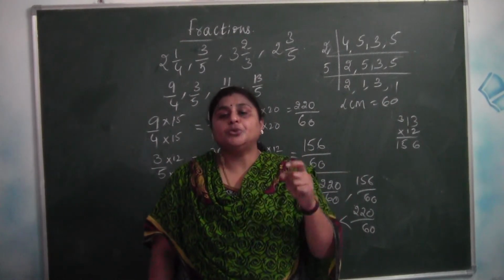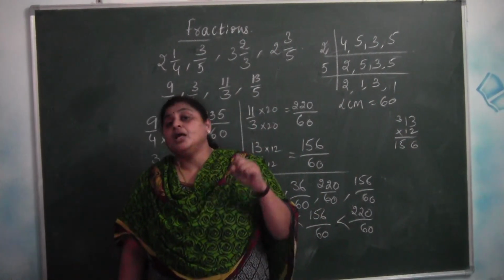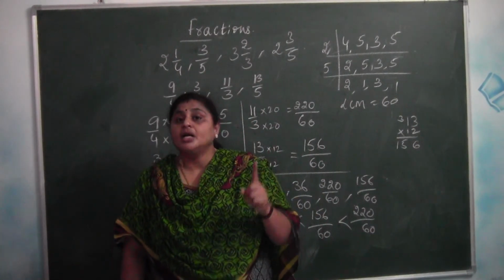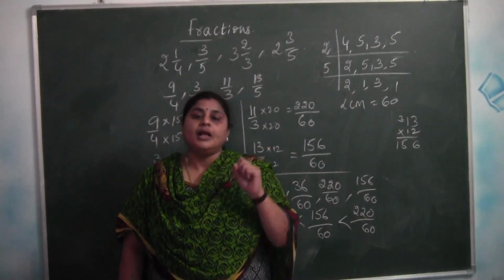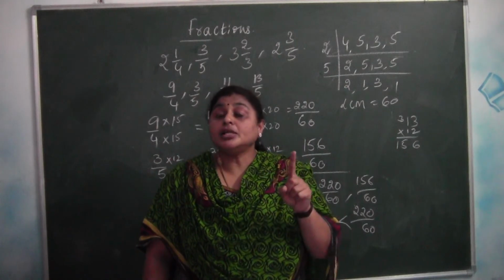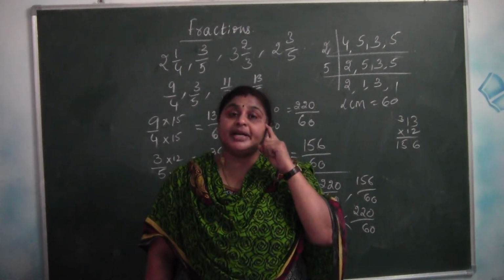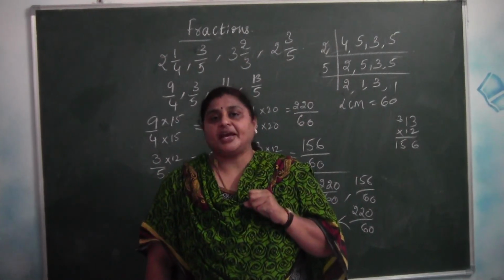This is when numerators are same. But when denominators are same, the smaller the numerator, the smaller the fraction. The bigger the numerator, the bigger the fraction.